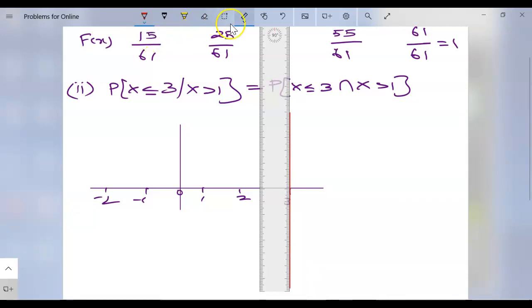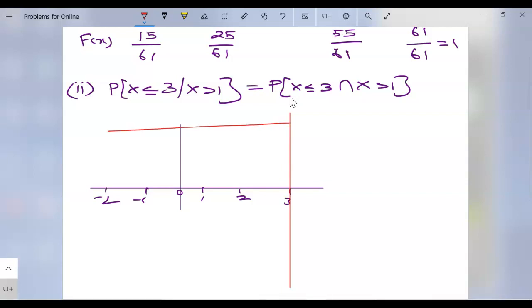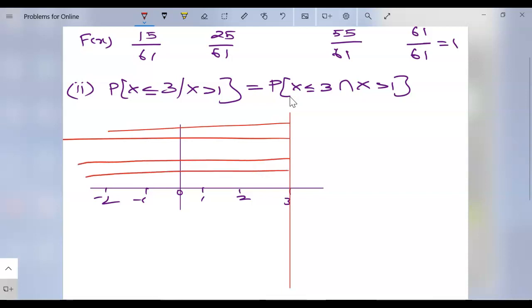From x equal to 3, I want less than 3. What is the symbol? Less than or equal to 3 means it goes fully this side, entirely until minus infinity. Don't assume that it stops. It goes fully, and 3 is also included.